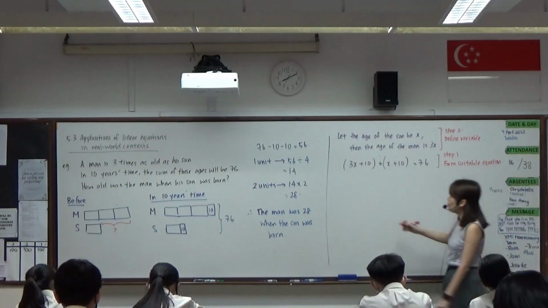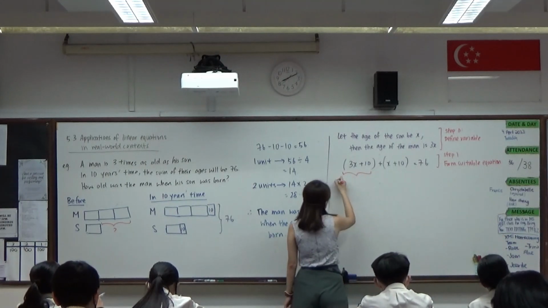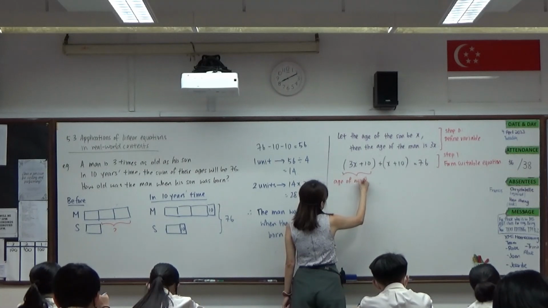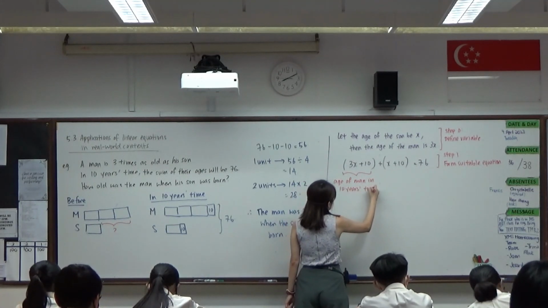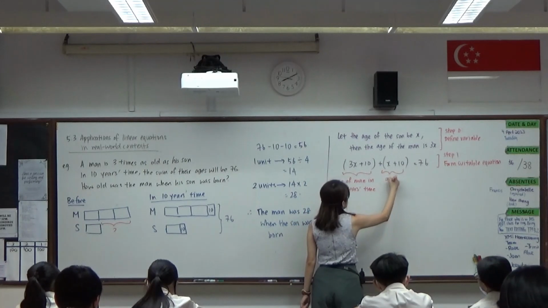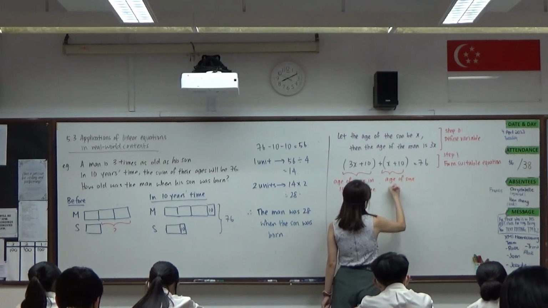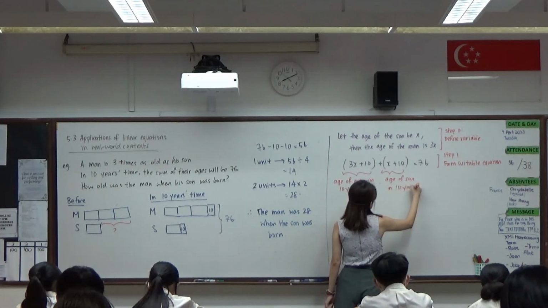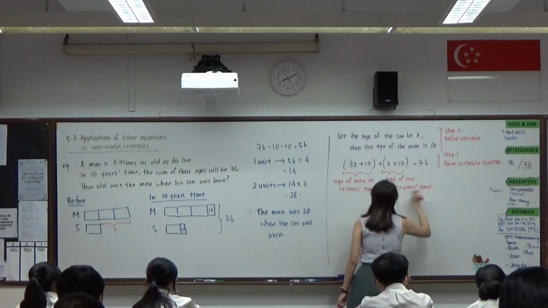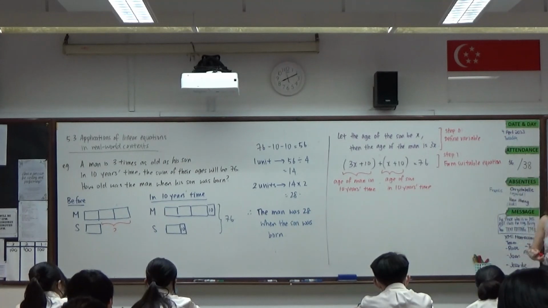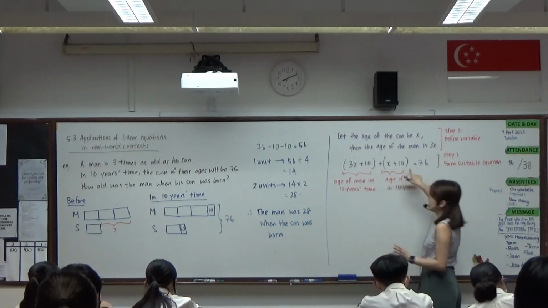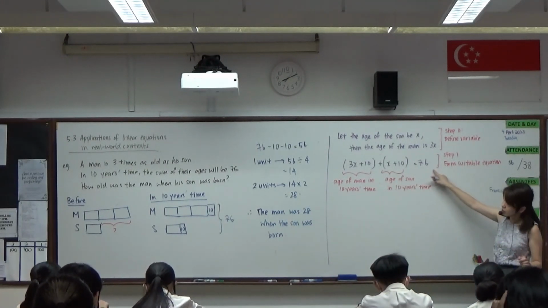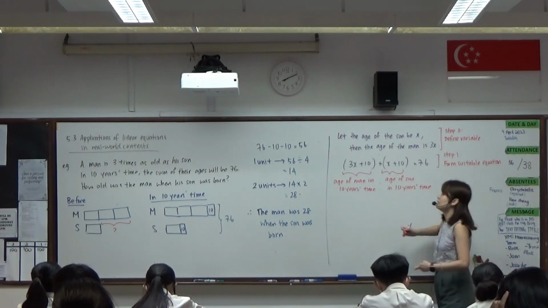So what I have here is the age of the man. Any questions in forming the equation so far? We clear how I form an equation? It must add up to be equal to 76, because the question says the sum is 76.